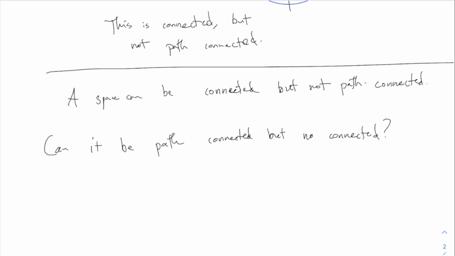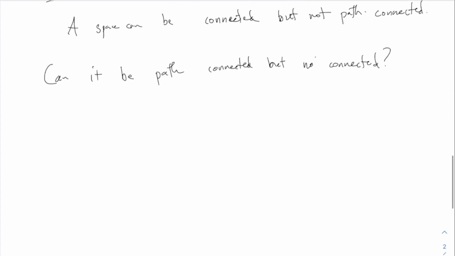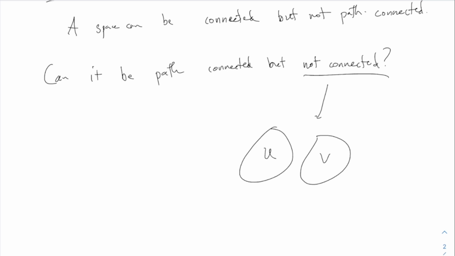Not connected, but path connected. So what that would look like, not connected means that the set basically looks like this in two pieces. It has a U and a V, right? Can something that looks like that also be path connected?